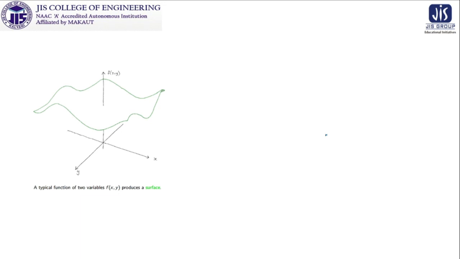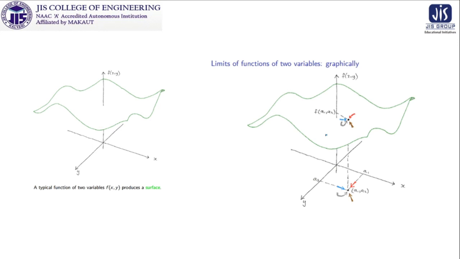Now, as it is the introductory part, it will have a little more extension of this particular idea. So it is the simple representation of a curve, a typical function f(x,y), and this is the concept of limit of a function of two variables graphically.